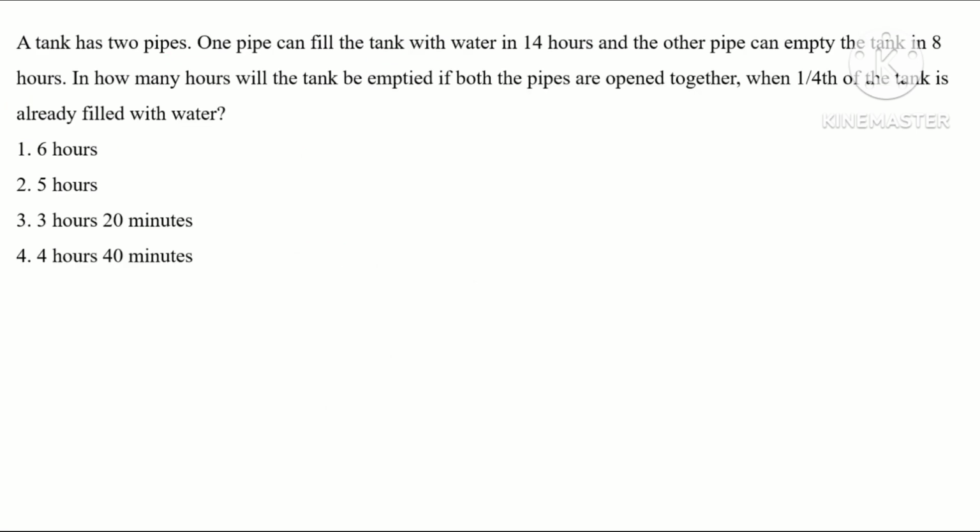Option A. So in this question, they have given that one pipe can fill the tank with water in 14 hours. So the filling pipe's rate is 1 by 14. And the other pipe can empty the tank in 8 hours. The emptying pipe's rate is minus 1 by 8.